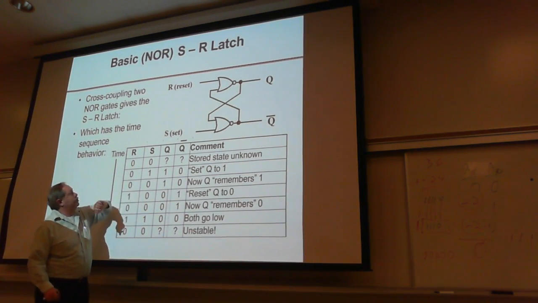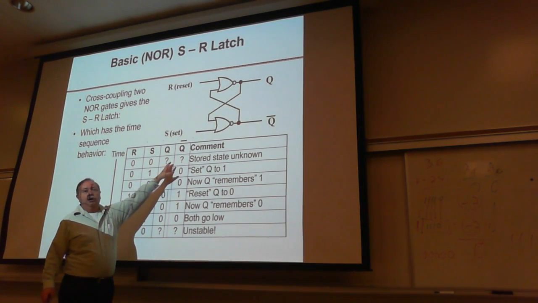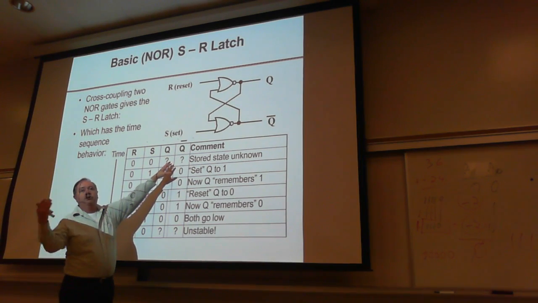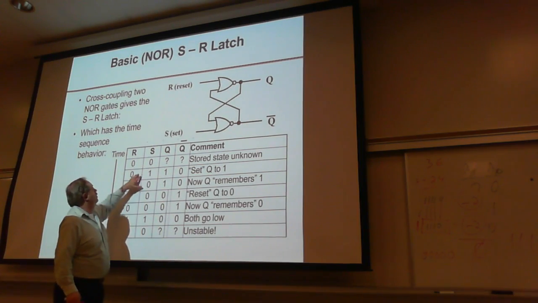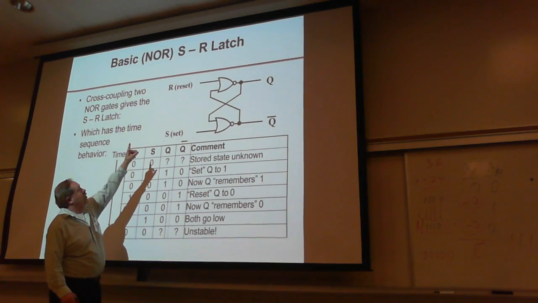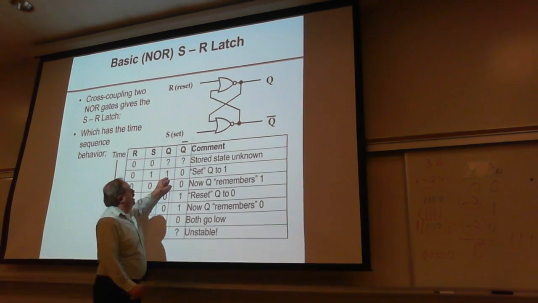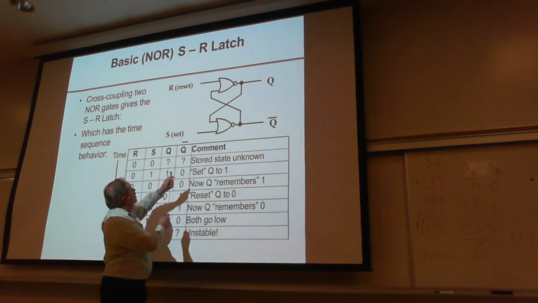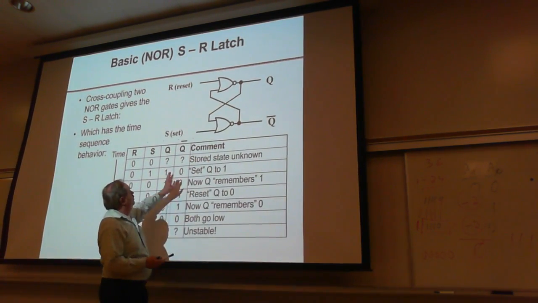We have initial conditions: R and S are both 0. We don't know what Q or Q not is at this point because it still remembers whatever state it was in before. Okay, no idea. But now I want to set R to 0 and S to 1. What happens there is if I set S to 1, then Q not goes to 0.